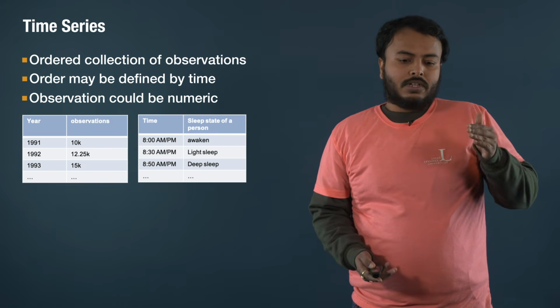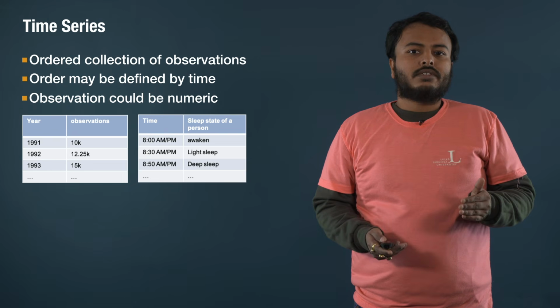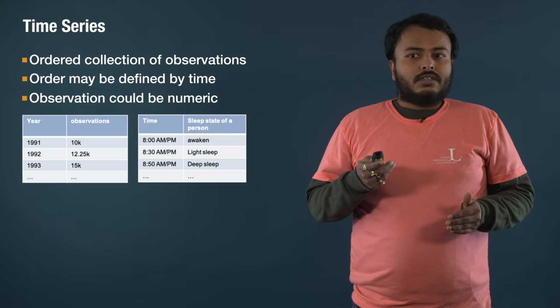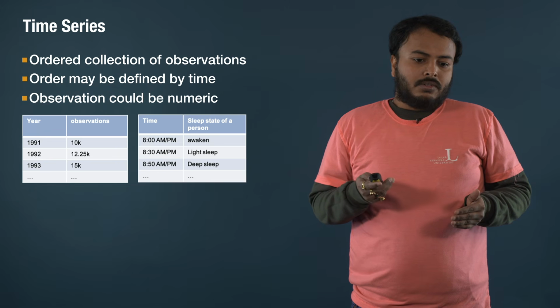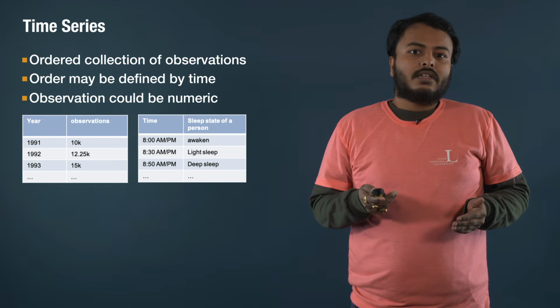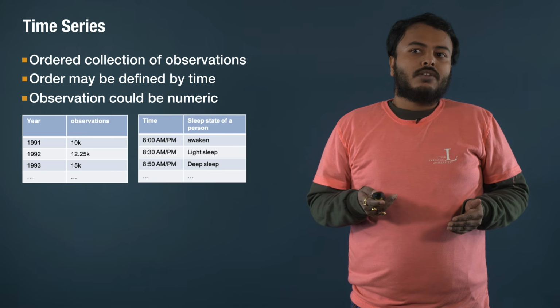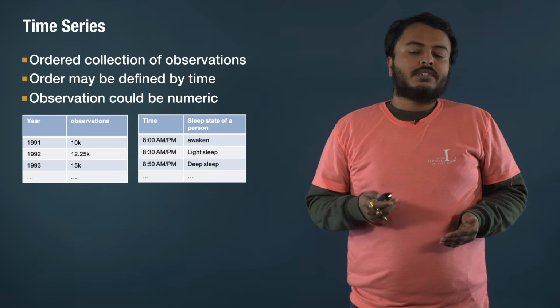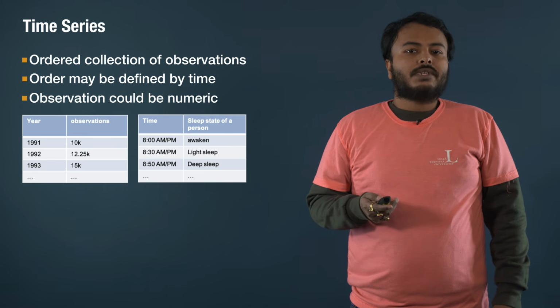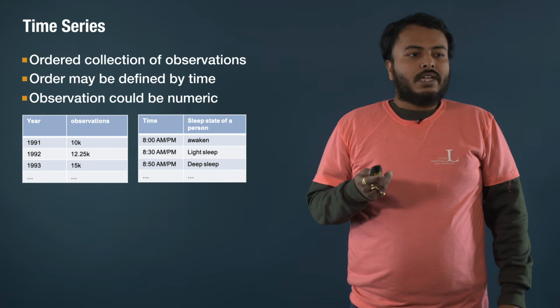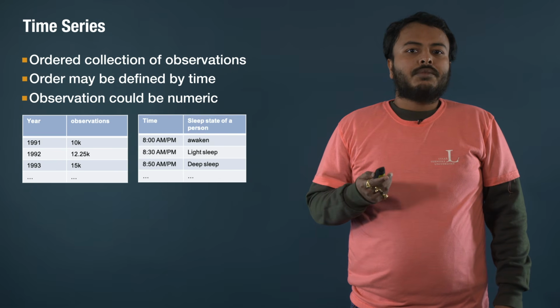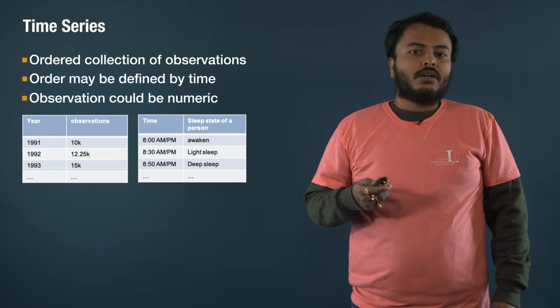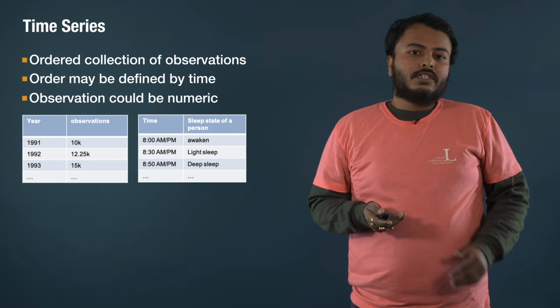So this ordered collection is your time series, and this ordered collection could be numbers or anything else like state of sleep. Suppose I am sleeping and some system is monitoring the quality of my sleep. At some point at 8 a.m. I could be awakened, at 8:30 p.m. I am in a mild sleep, and then I am in the deep sleep. So this is a time series.